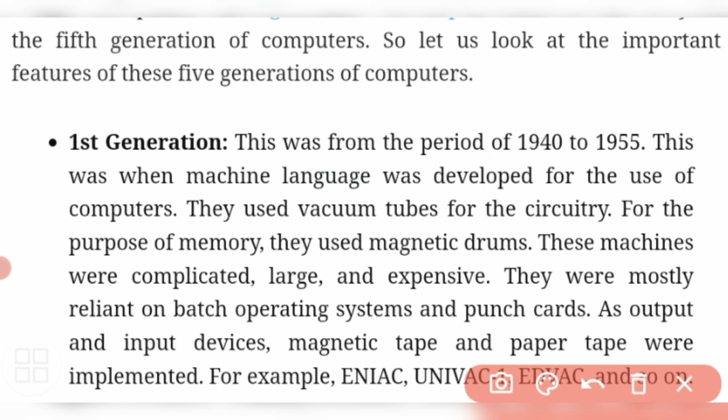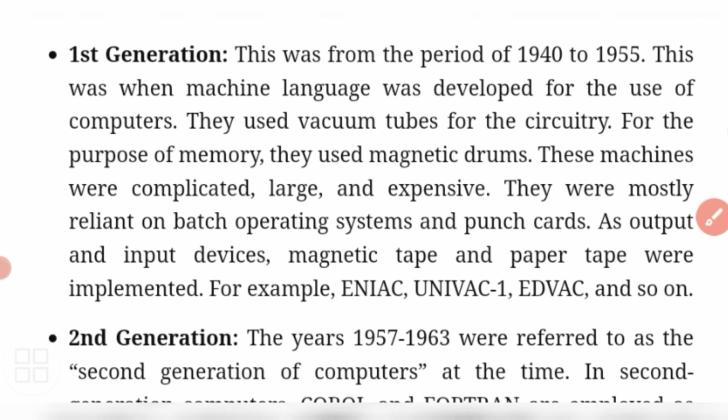For the purpose of memory they used a magnetic drum, like we now use SanDisk and hard disks, sometimes floppy. But at that time they used the magnetic drum. These machines were complicated and large.